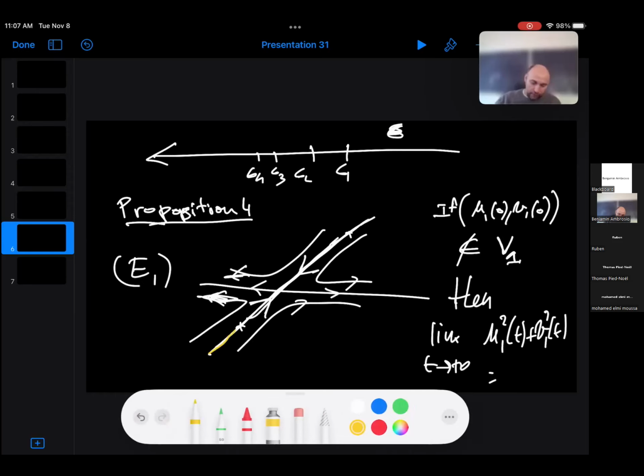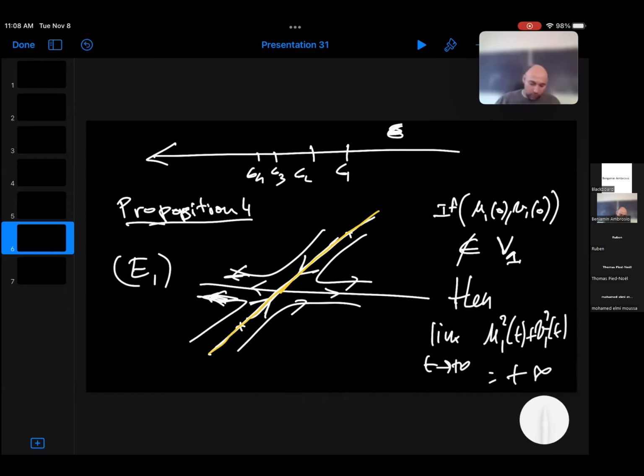If my initial condition is not here on this yellow space, which is the attractive manifold of (0, 0), well, if I don't start here, I'm going to plus infinity. What do you deduce for the norm in L2 of the PDE?